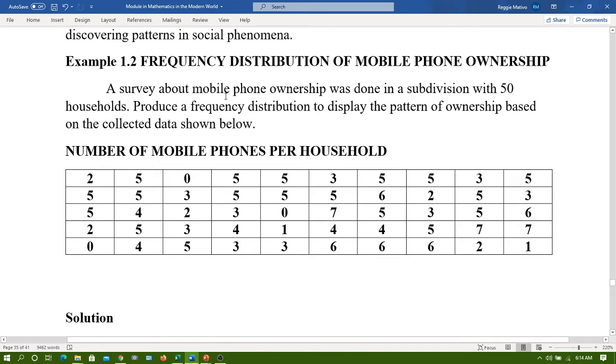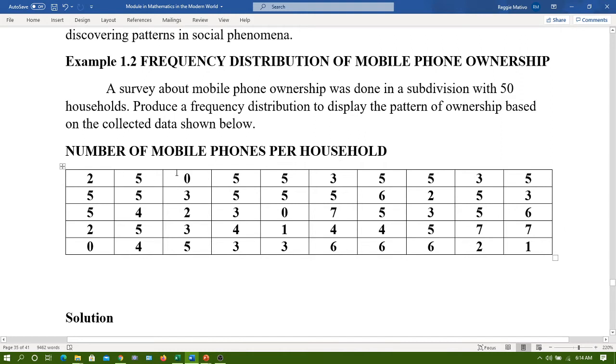A survey about mobile phone ownership was done in a subdivision with 50 households. Produce a frequency distribution to display the pattern of ownership based on the collected data shown below. So, number of mobile phones per household.